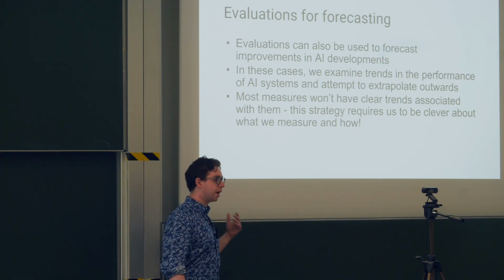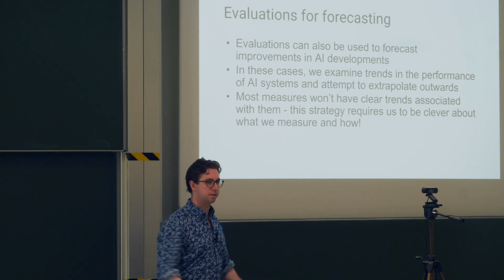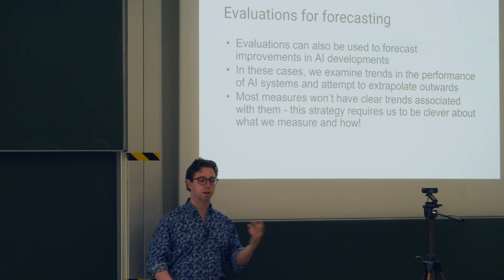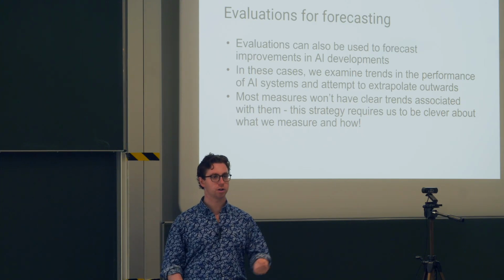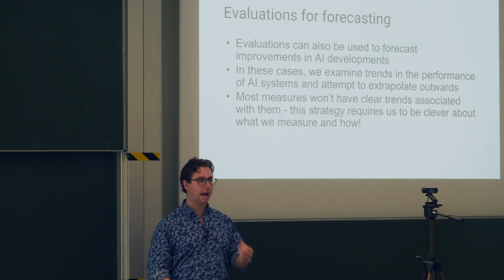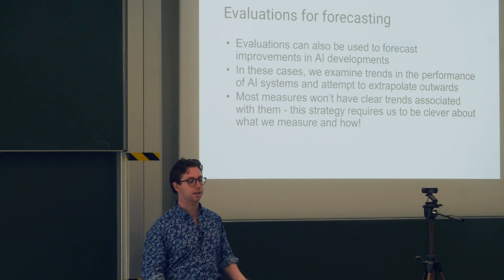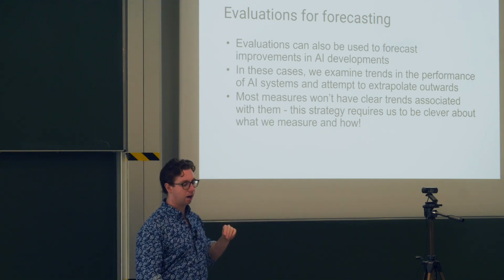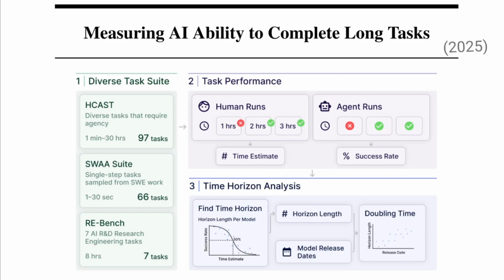Instead, it's just, yep, at a certain point the model can't do the task, then it can do the task, and there's nothing else interesting to say, right? And so you have to be very clever if you're going to do something like this. You have to design a metric that you're going to measure and that actually is going to display these kinds of properties. And generally, it's quite hard to find these, which is why this particular work is so impressive, in that it found a metric that really does display very clear trend lines.